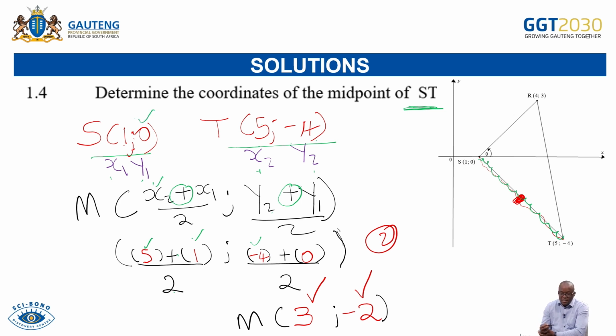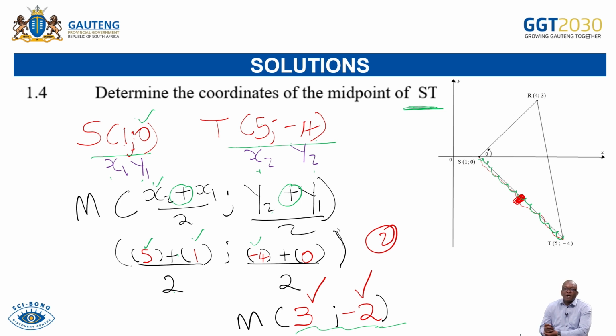Then -4 plus 0 is still -4, and -4 divided by 2 gives you -2. Hence, our point there is going to be (3; -2).